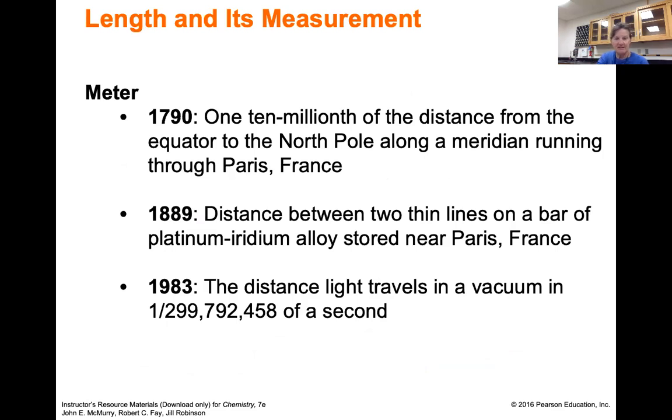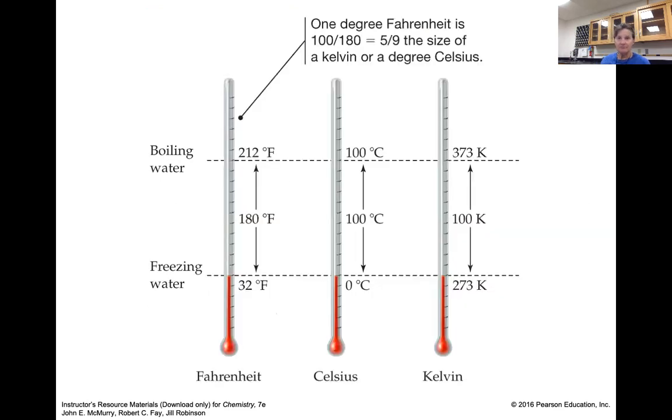The last one, 1983, the distance light travels in a vacuum in 1/299,792,458 of a second. So light's going pretty fast if you think about that small amount of time. So these are just 3 examples of the relative meaning of a meter.